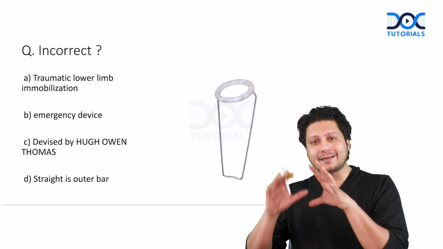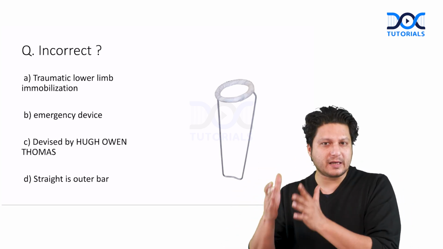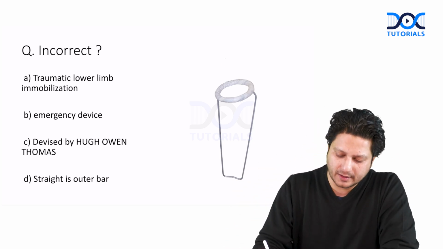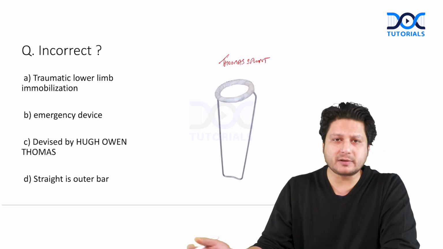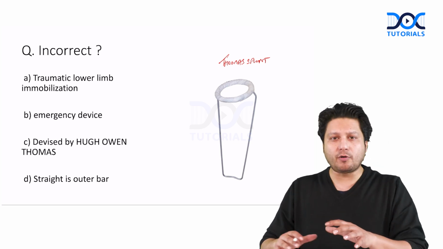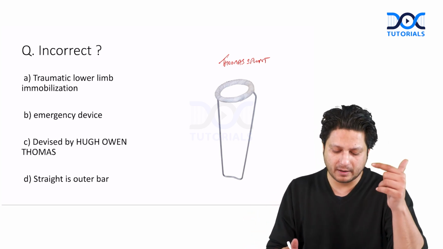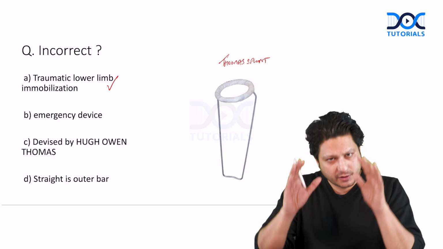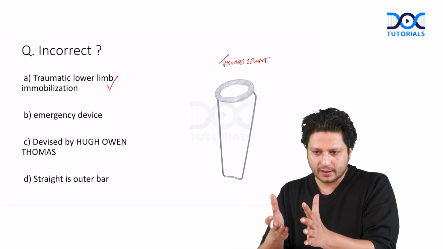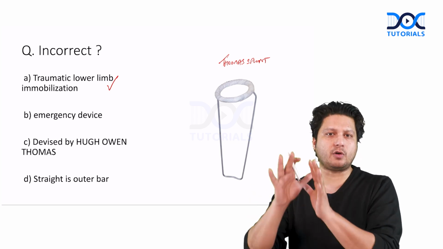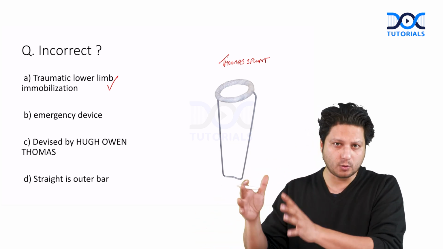Now, which of the following is incorrect for the device which is being pictured over here? First of all, the name of the device is Thomas splint. It is Thomas splint, simple. Now, which of the following is incorrect? Alright. Point number 1, traumatic lower limb immobilization. Yes, in orthopedic emergency, you might have seen this splint used for temporary immobilization of a traumatic or fractured lower limb.